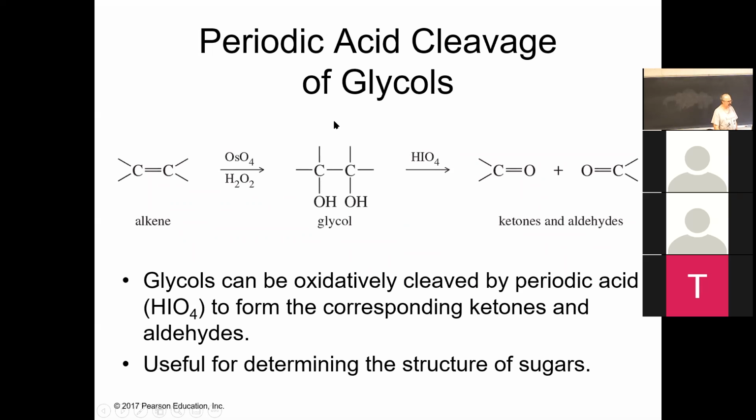That actually breaks this carbon-carbon bond and gives you a combination of aldehydes and ketones depending on what these other bonds were to. Historically, this has been used to determine the structure of sugars. It can also be used for ring opening, for example.